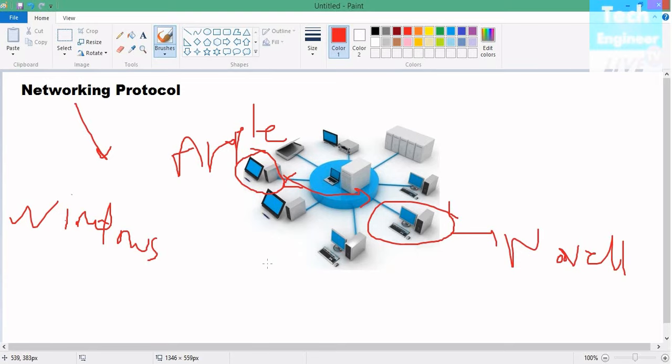It's a kind of definition, a kind of language for computers to send and receive data with each other. Network protocols are very important because if two computers are not able to understand their respective languages, then how will they send and receive data? So that's the reason protocols are very important.